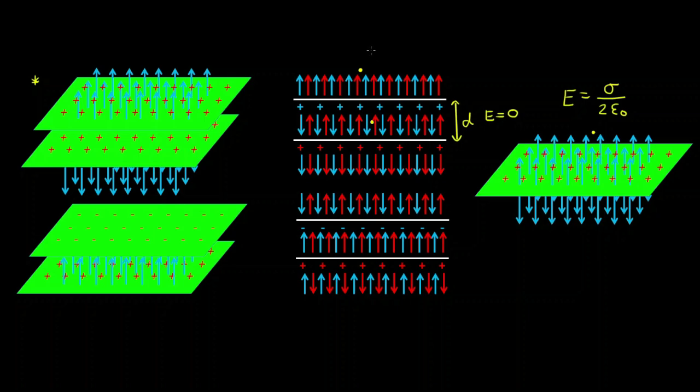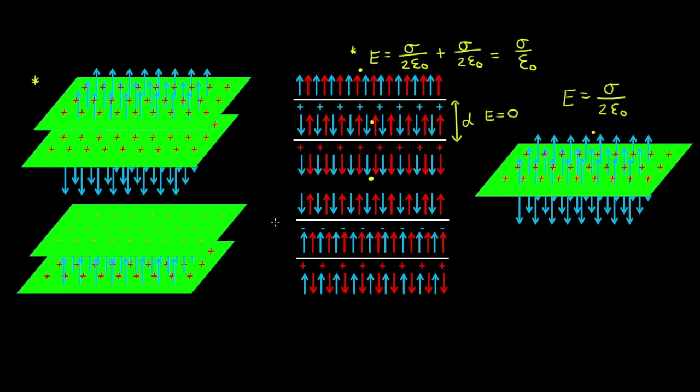So therefore, the electric field is a superposition of the electric field due to the red plate, plus the electric field due to the blue plate. So that's effectively equal to sigma on epsilon naught. And similarly on the other side over here, you're going to get the same result. And I encourage you to actually verify this using Gauss's law, by constructing a Gaussian surface and exploiting planar symmetry.